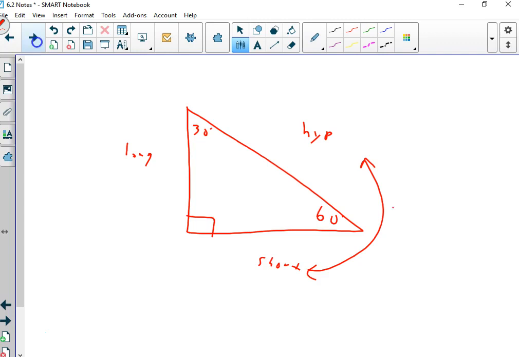So when you're going between these two, it's multiply or divide by 2. And here's the way to remember it. If you're going from the short to the hypotenuse, it's bigger, so you're going to multiply. If you're going from the hypotenuse, the longest side, to the short leg, it's going to have to get smaller, so we divide. And the relationship between these two is multiply or divide by radical 3. If you're going from short to long, you multiply.